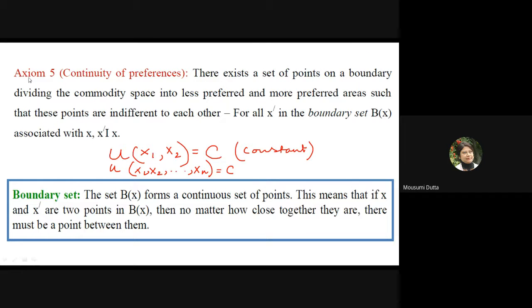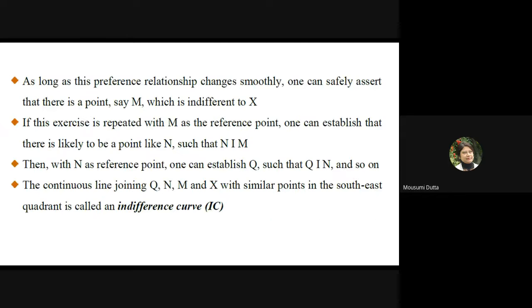Before that, I'm considering axiom 5, which is the axiom of continuity of the preferences. Once we draw the indifference curve, last day we talked about the neighborhood. When we considered this diagram, we said that the gap between W and Y is very, very small.